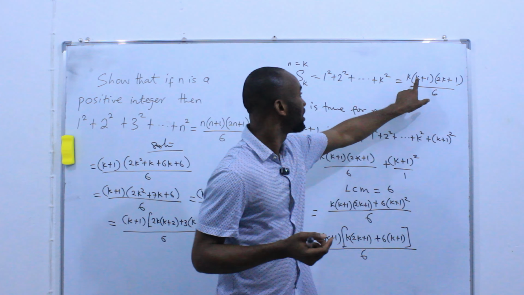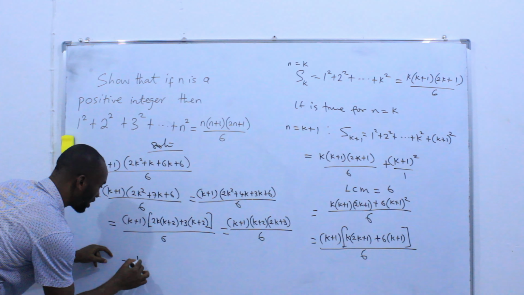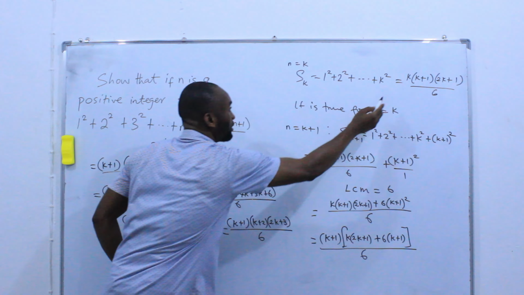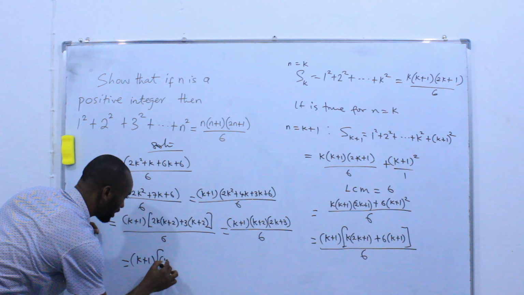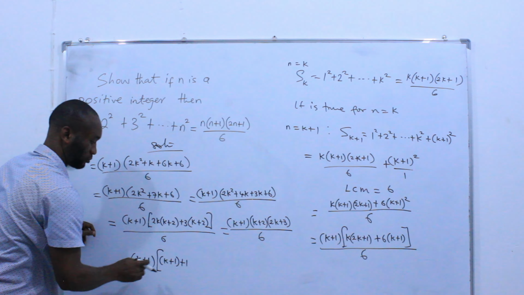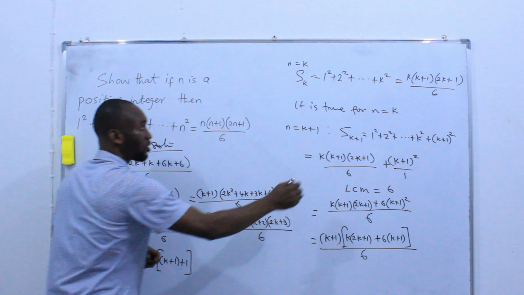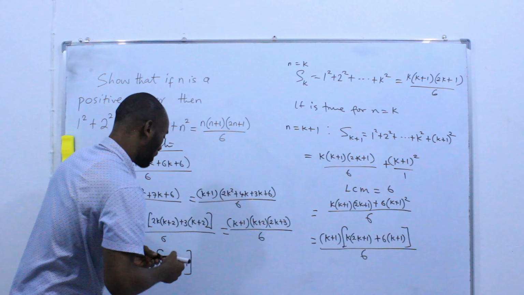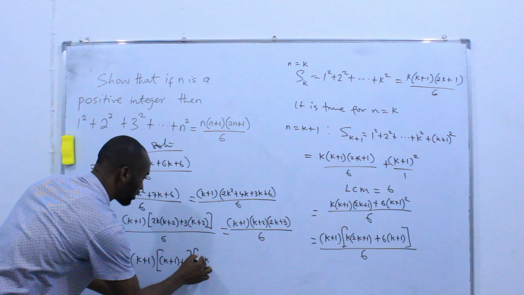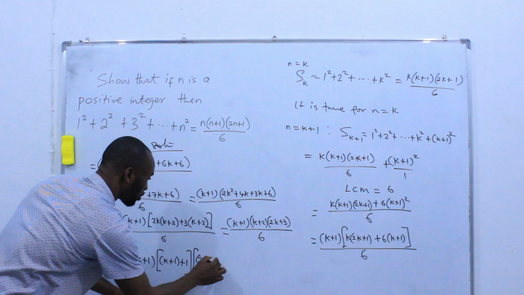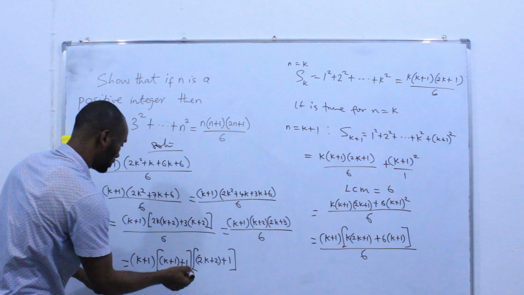Where we have k, we are meant to have k plus 1, and for the next one we are going to have k plus 1 plus 1. Then the next one is 2(k+1) plus 1.